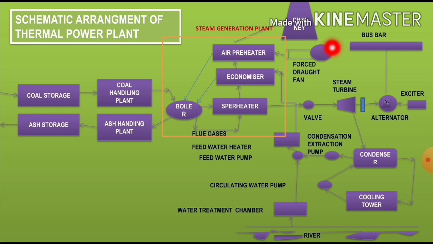It extracts heat from flue gases, increases the temperature of the air and sends it to the boiler furnace for coal combustion. The principal benefits: it increases thermal efficiency and increases steam capacity per square meter of boiler surface.